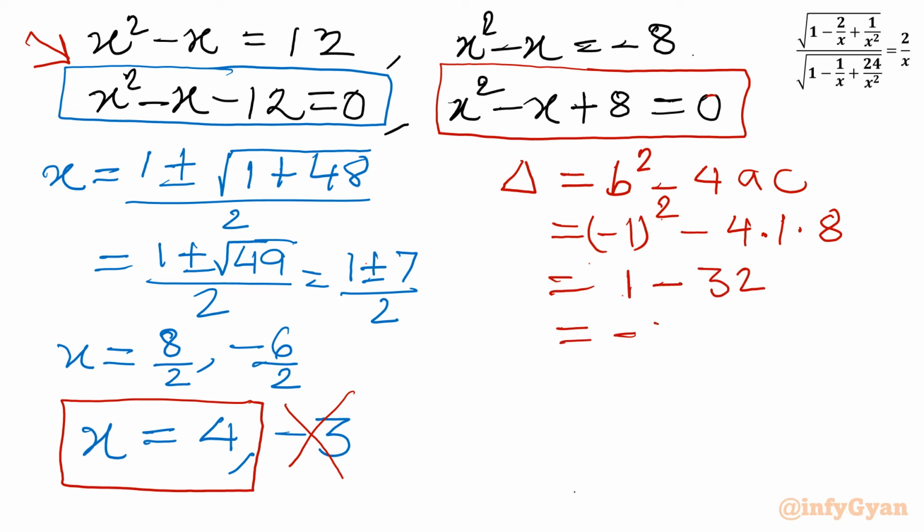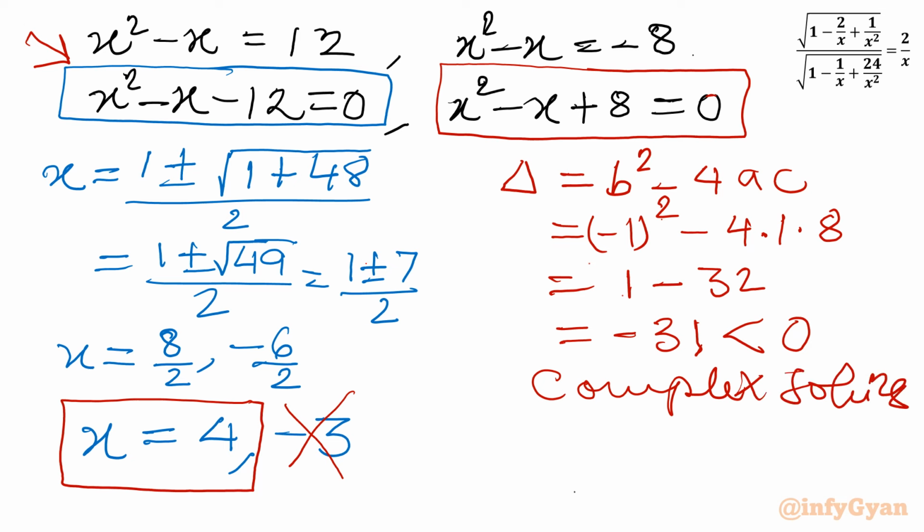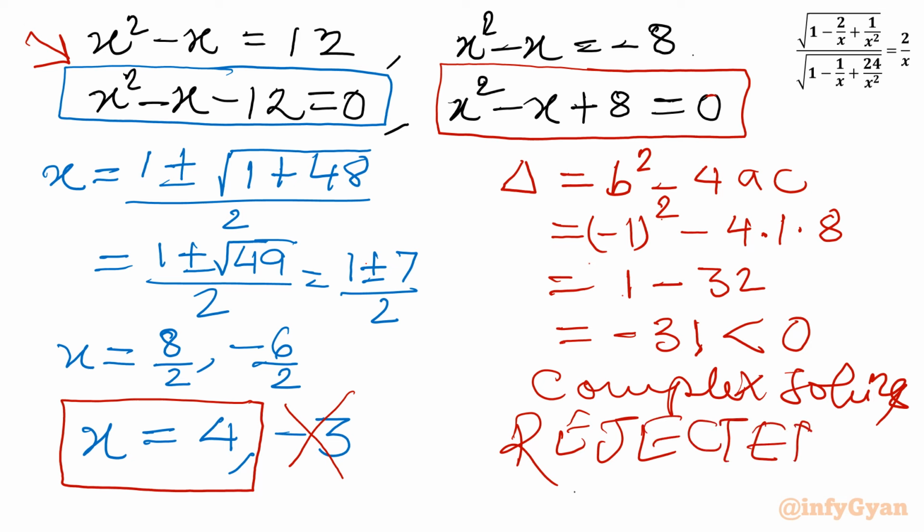Because the discriminant is negative 31, negative, it will generate complex solutions. So from this quadratic, we won't get any real solution. So we will reject this solution as we are looking for real ones only.